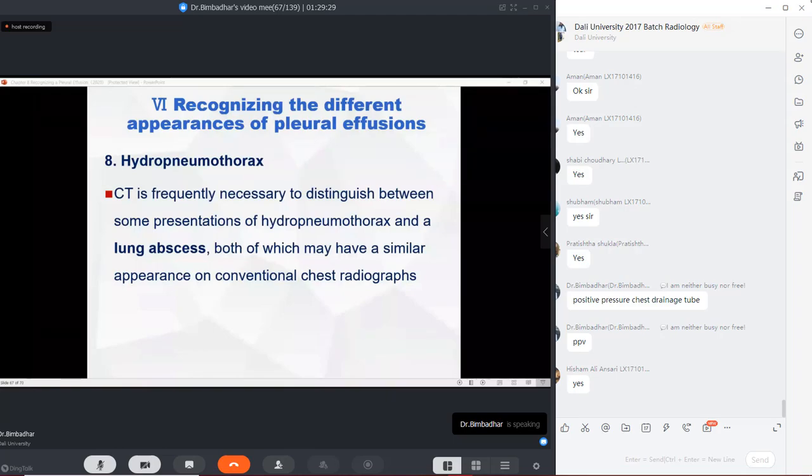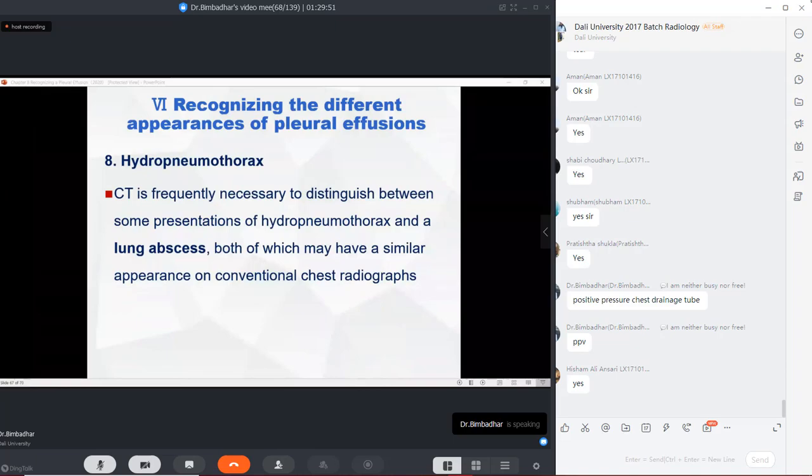Gas gangrene, Clostridium, aspergillosis, all of these caseating necrotic reactions, any kind of bacteria causing caseous necrotic reactions or a gangrene formation will generally release gas. So that one is called an abscess. Yes or no?